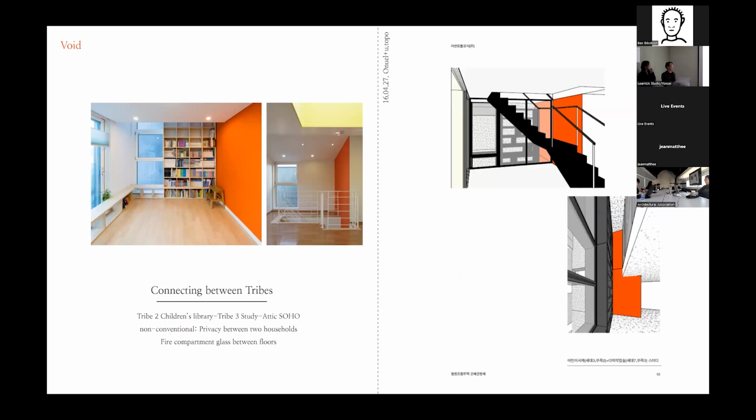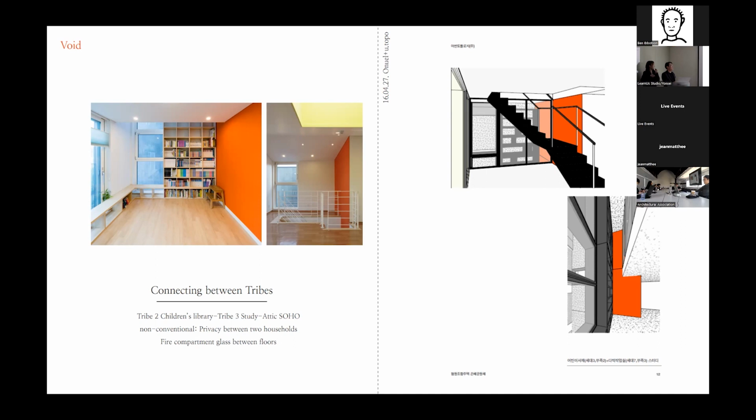And the void was also an issue because at the beginning they wanted to connect the tribes between the floors by putting some internal staircase, as you remember from the early section sketch. But after we lost the fourth floor, we couldn't do it. We couldn't have the space.